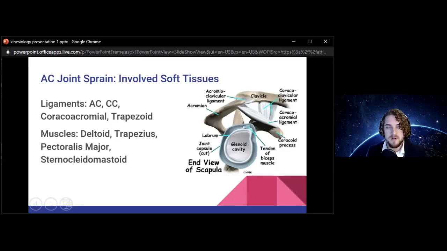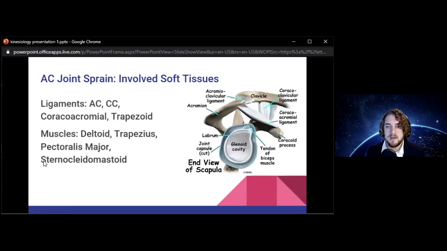For the muscles involved, the deltoid and trapezius have attachments that mesh with the acromioclavicular ligament, and usually if there's a rupture of that ligament, there is also some damage to those attachments. Also, if there's a serious force coming from either one of those muscles, it could rupture the AC ligament.